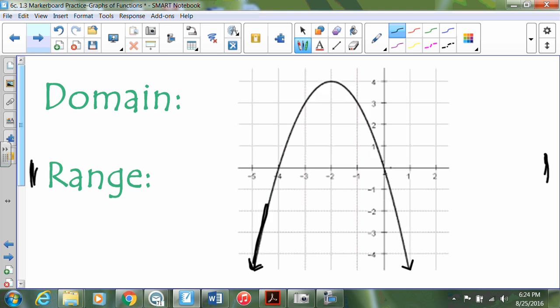So our domain is going to be all the way from -infinity to +infinity, though we cannot open our hands that wide. I guess we could just point our fingers, infinity on both sides.